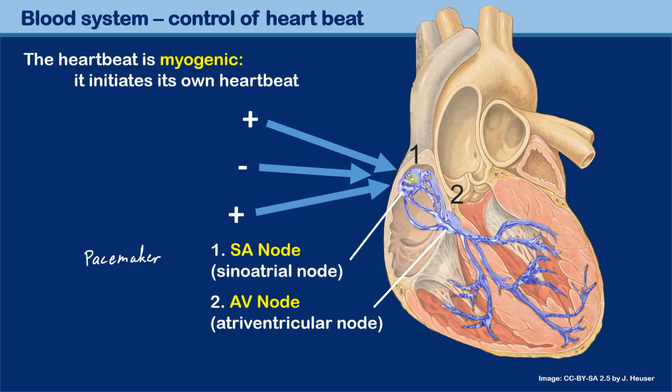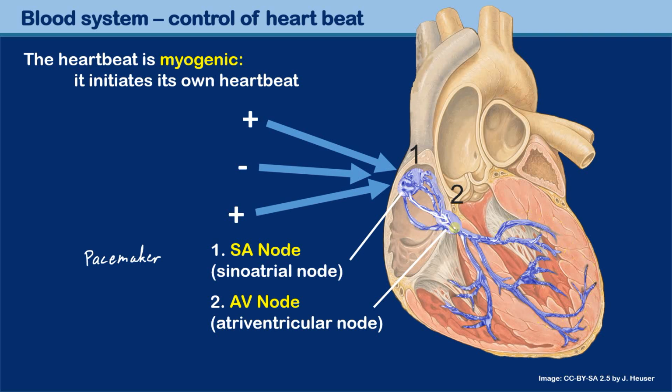It's a collection of nerve cells, and they generate a nerve signal on their own, which causes the muscle of the heart to contract. Now, these nerve signals over here, they travel down these fibers to the AV node, the atrioventricular node.